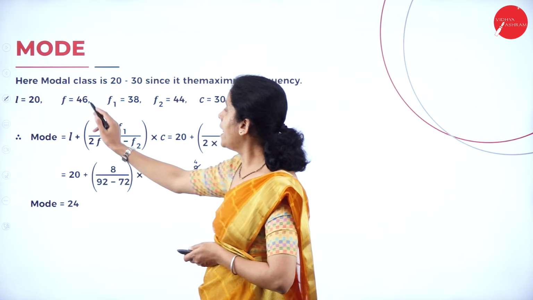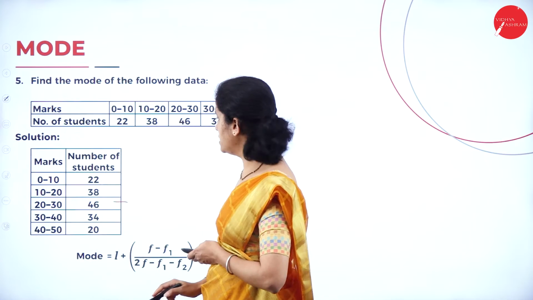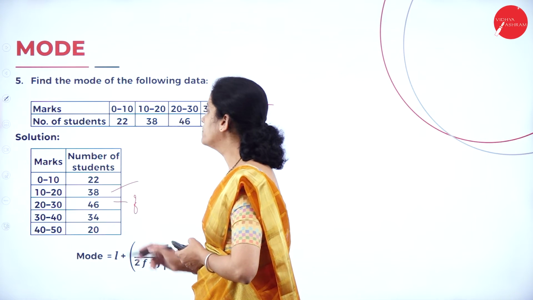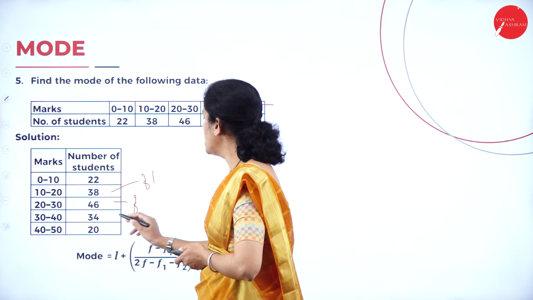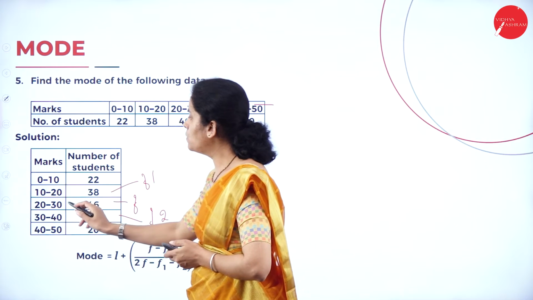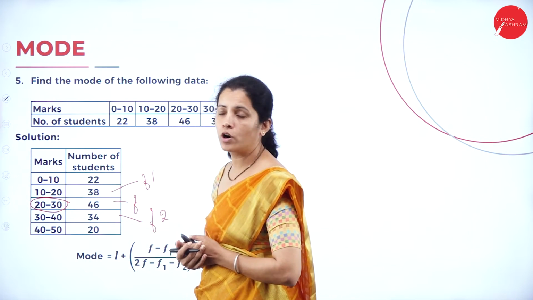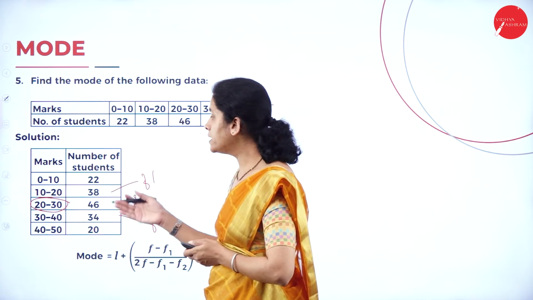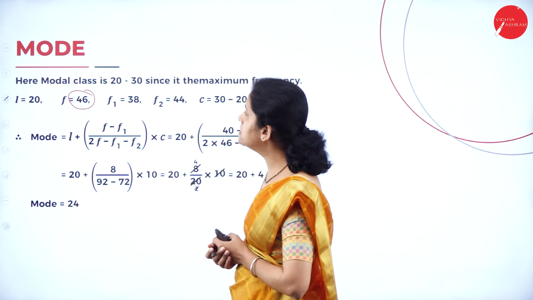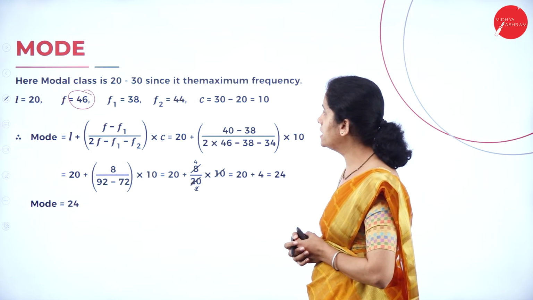So here f is nothing but the 46. So f is 46 and it is f1 and it is f2. Then what is the mode class? That is 20 to 30. See here, the mode class is 20 to 30.